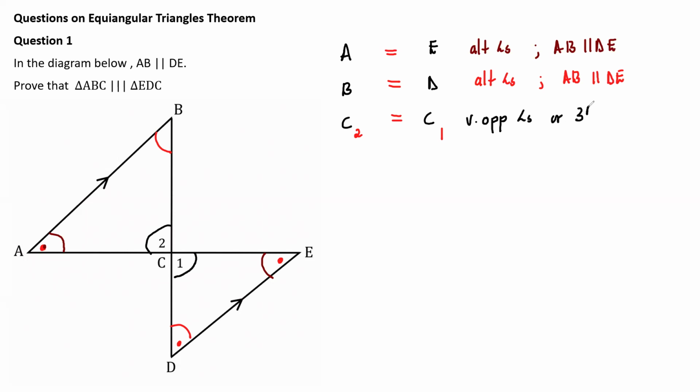So notice that we've proved equiangular. Once that's the case, triangle ABC is now similar to triangle EDC. And your reason is equiangular. If you want, you can say angle, angle, angle. Doesn't really matter. These are some of the variations that you have when you are showing the essence of similarity.